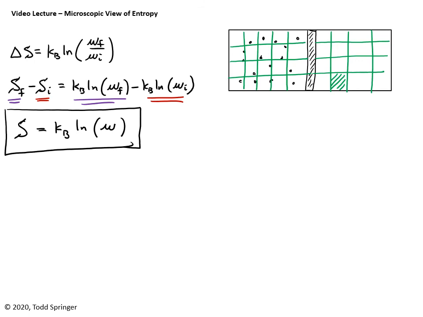So something which is ordered is a macrostate which can only be achieved a few ways.